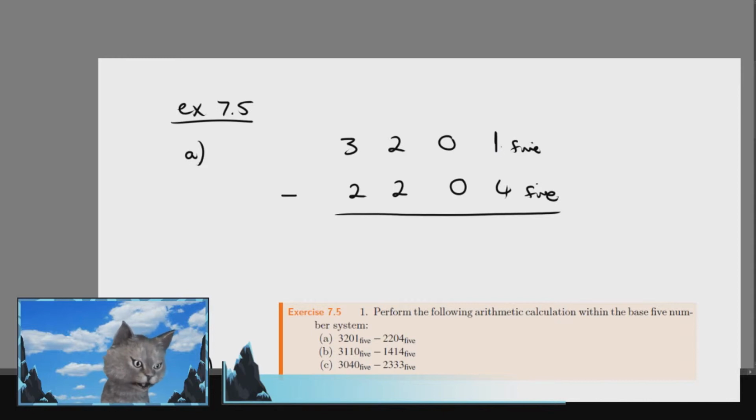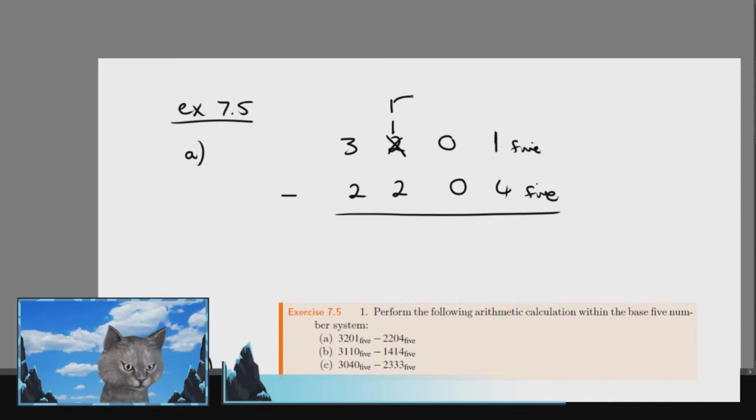So, I say 1 minus 4. One's not big enough, so I have to borrow. But there's nothing to borrow. What do I do? I have to borrow from here. So this guy now splits into a 1 and another 1. 1 plus 1 is 2.